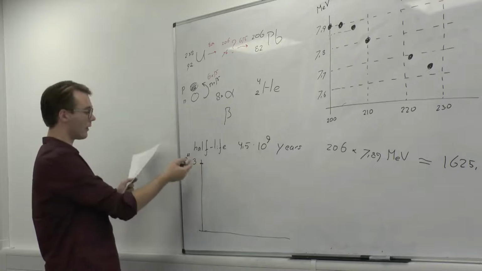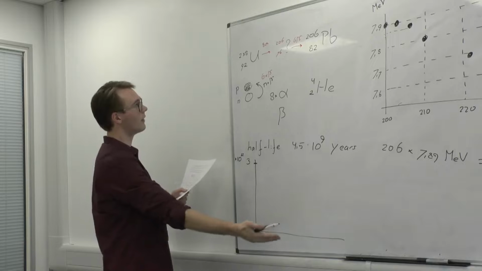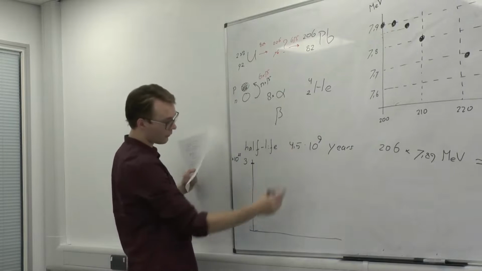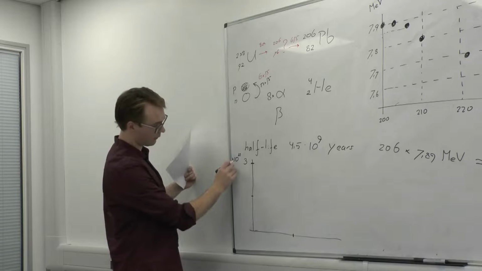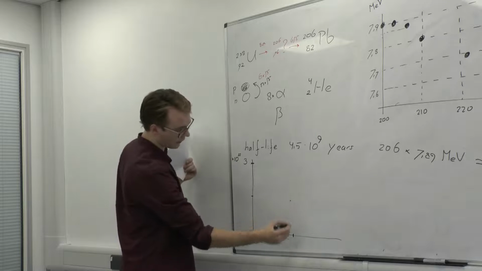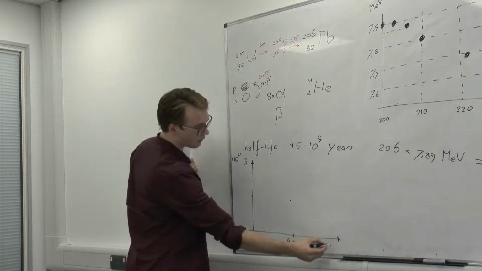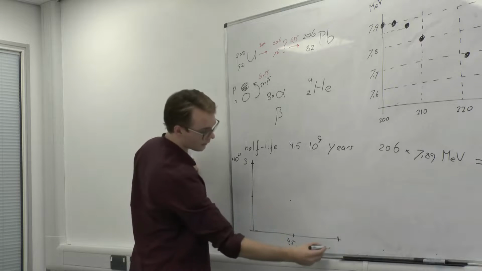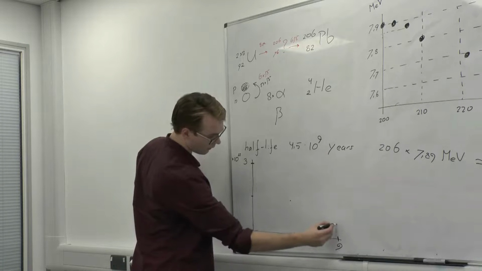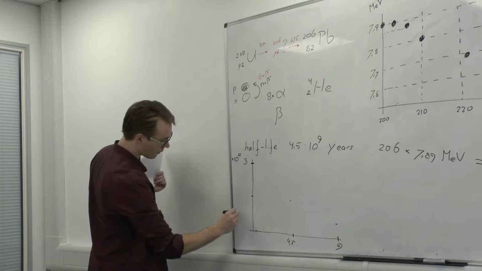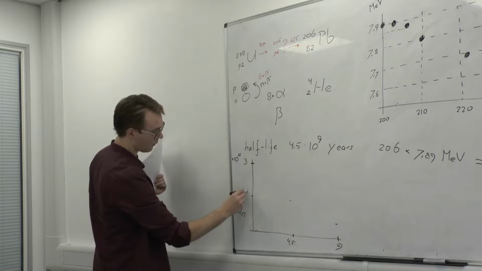So you start with a rock that has 3 times 10 to the 22 atoms, and then it will slowly start to decay over time. So you know that after 4.5 billion years, you only have 1.5 times 10 to the 22 atoms left. And then after 9 times 10 to the 9 years, you only have 0.75 of them left.